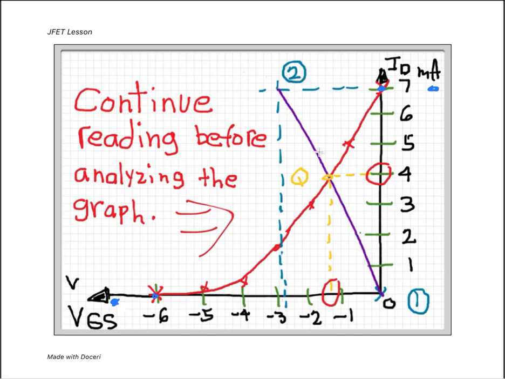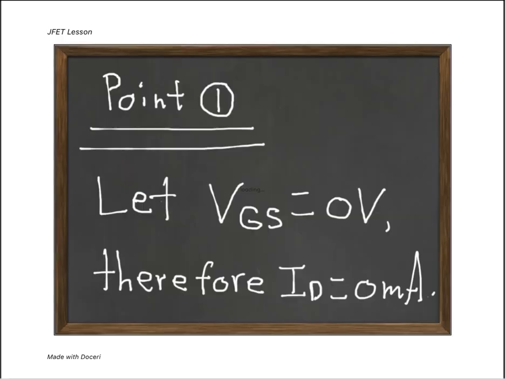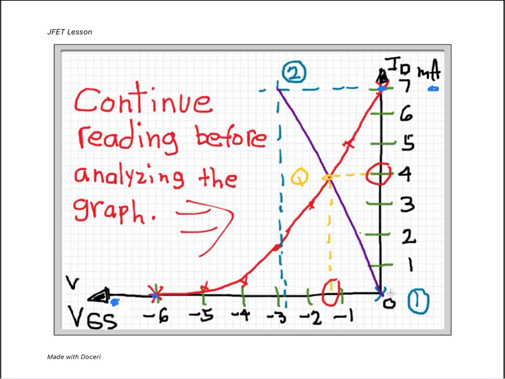Okay, so copy this down, because it'll be much easier for you. So point 1 is we let the gate to source voltage equal 0. Therefore the conduction channel is wide open. So the drain current is, so this is a point 1.